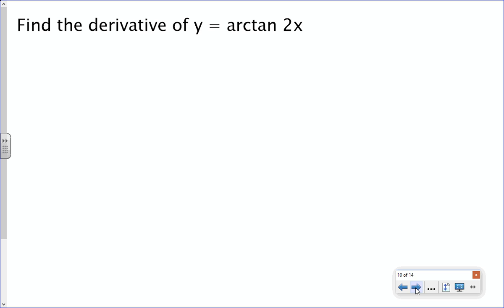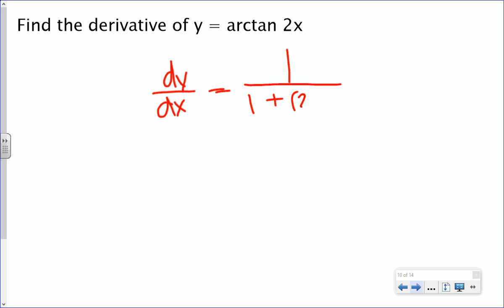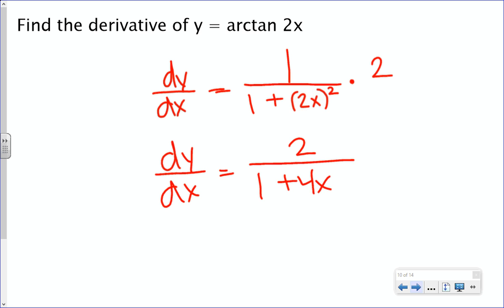So if we're taking the derivative of arc tangent of 2x, then dy dx is going to be 1 over 1 plus, instead of x squared, we write 2x the quantity squared, because that's what is inside, right? We take the derivative, keeping the inside as is, then we multiply by the derivative of the inside, which is 2. So our derivative is 2 over 1 plus 4x squared.